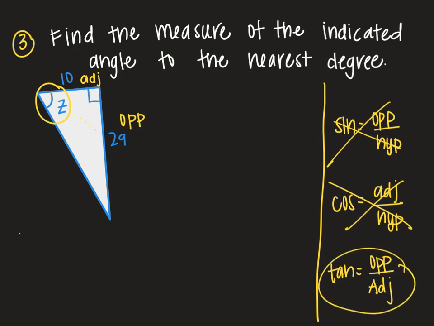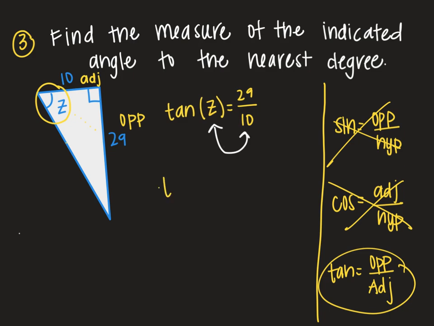Now I plug in what I need. So tangent of my angle, which is Z, equals my opposite side, which is 29, over my adjacent side, which is 10. Now, using the inverse trig functions, I'm going to swap my angle and my ratio.